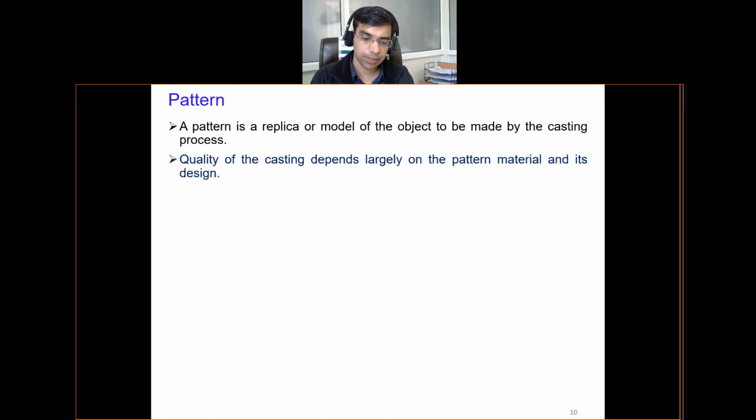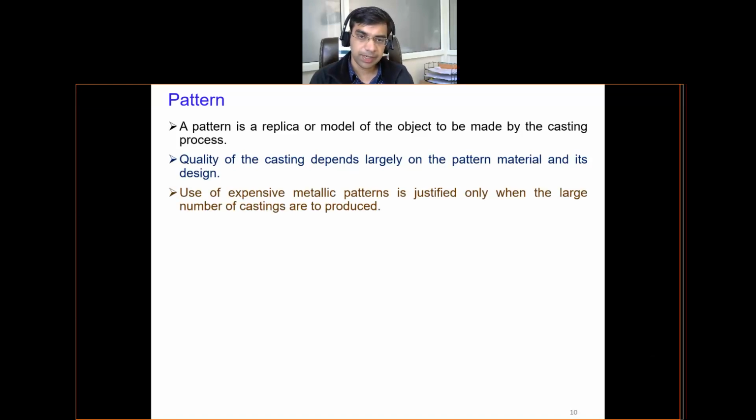Why are we emphasizing quality? Quality is linked here to the surface finish, and the surface finish of the casting depends on the molding material as well as on the pattern.